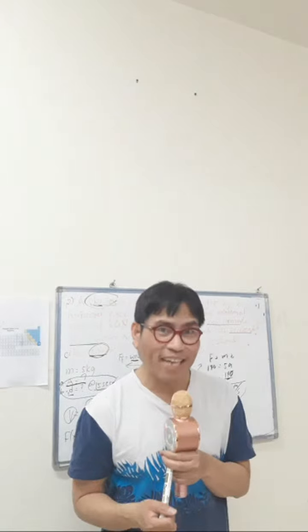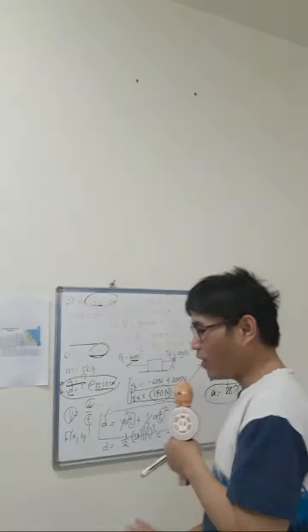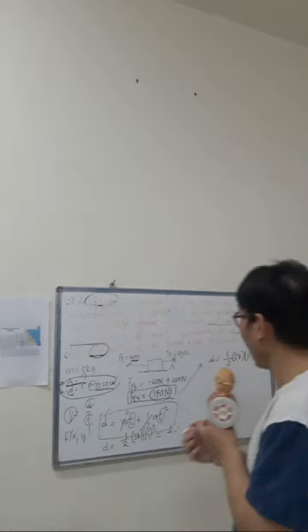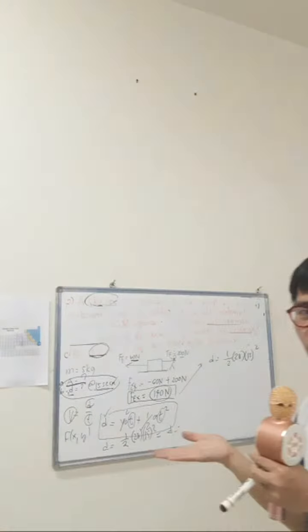Guys, again, this is the algebra rule of PEMDAS. You know PEMDAS? I will teach you again over and over again. This expression is really tempting: distance equals 1/2 times 28 times 15 raised to the power 2. Take note, guys, if you start from the right, you have a wrong answer.